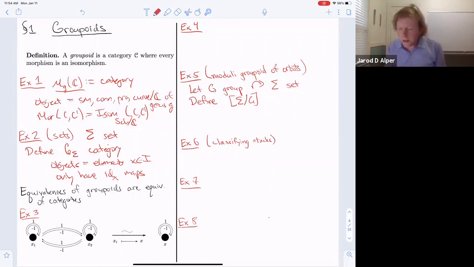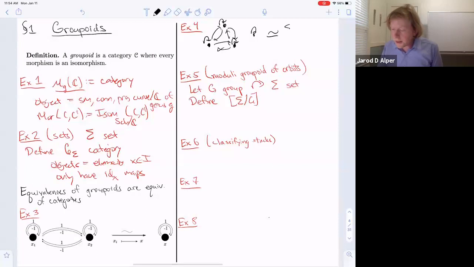And in a similar way, let me draw another example. Let's consider a category with 4 objects. I have the identity maps, and let's suppose I have unique maps going here, here, here, and here, but then no maps between these 3 objects and the 4th one. Then this is going to be equivalent to the set of just 2 points.